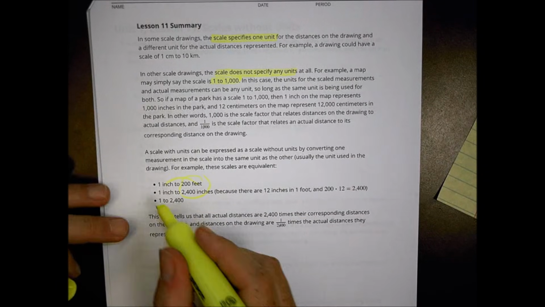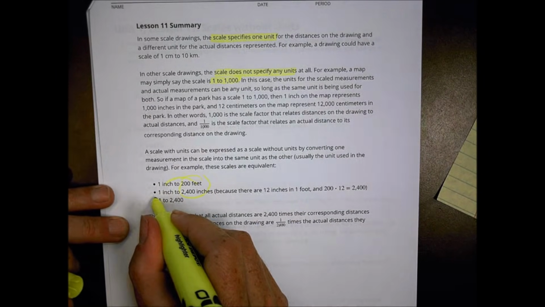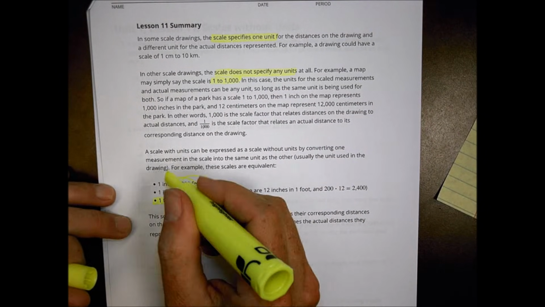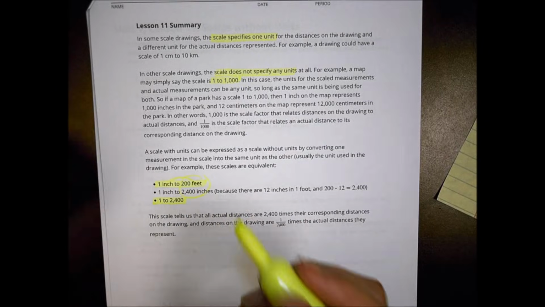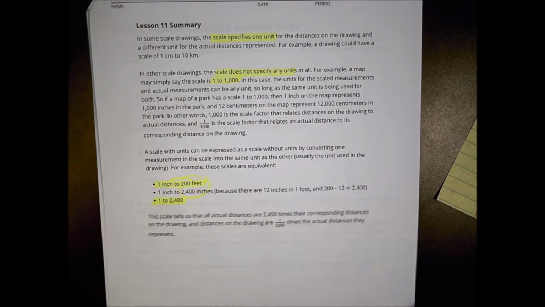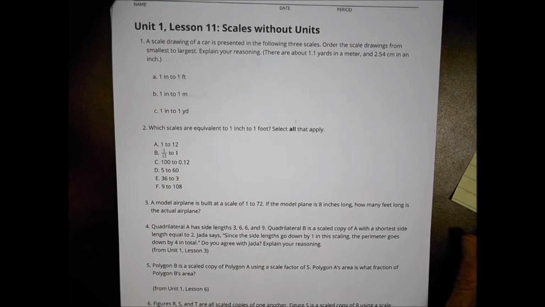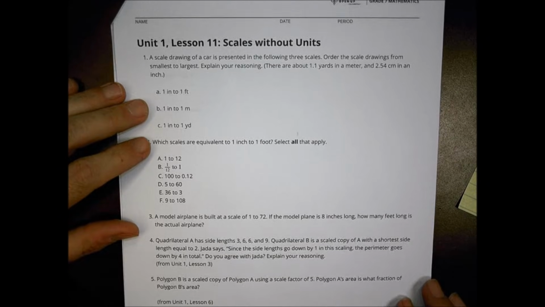So if I want to have the same scale units, I could do 1 to 2,400. But if I want to change it into inches to feet, then that's what you have there. So that was essentially what the lesson was about today. So let's take a look at the homework today and see what we have.